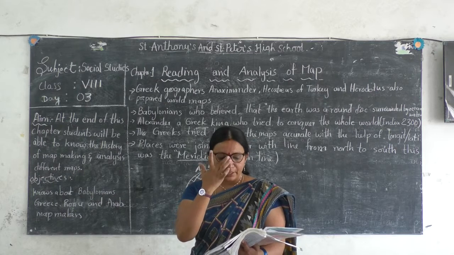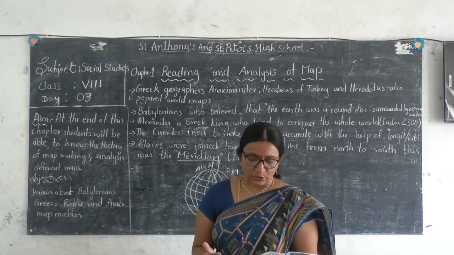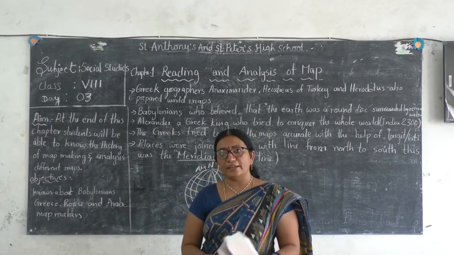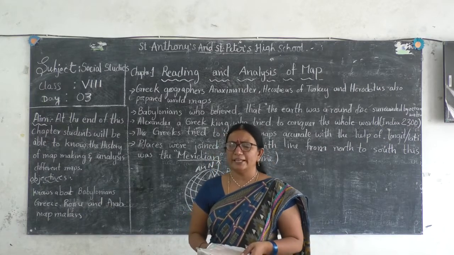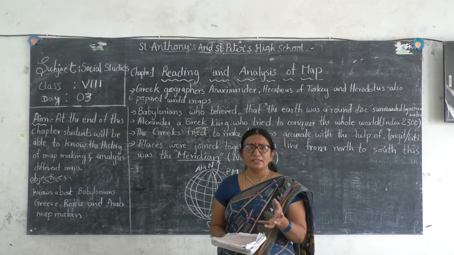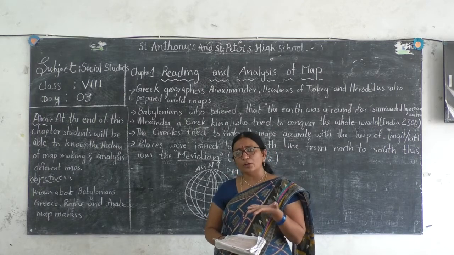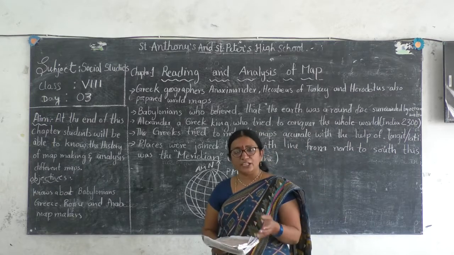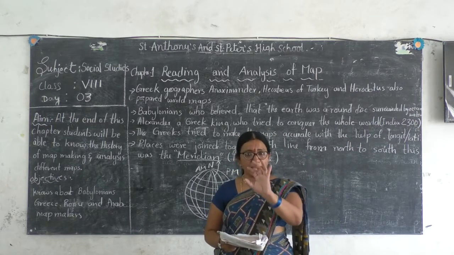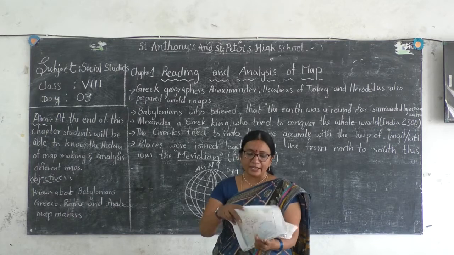Ptolemy was very much concerned about his religion. He believed that since Jesus Christ was born in Jerusalem, which is a part of Asia, he considered Asia as the center and made the other continents around it.